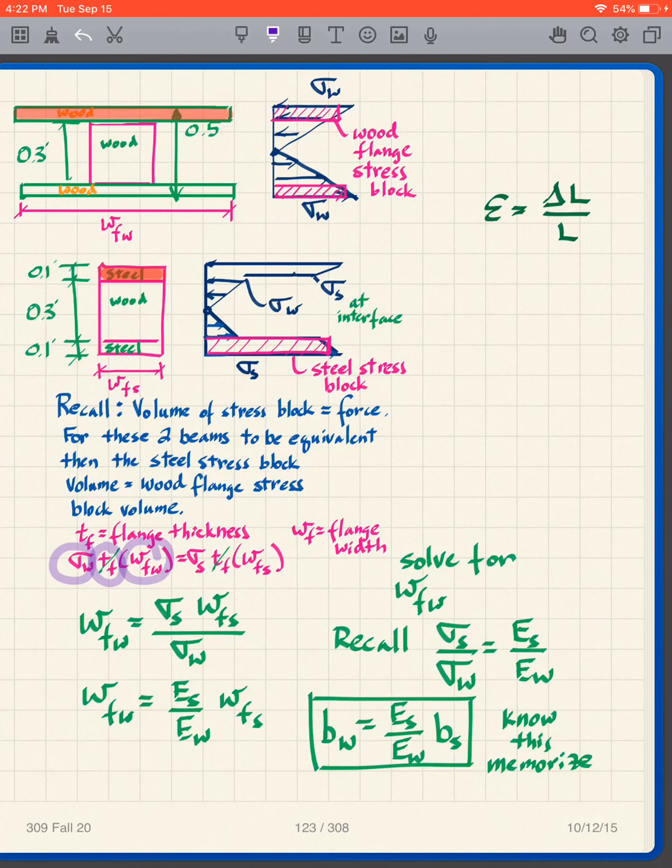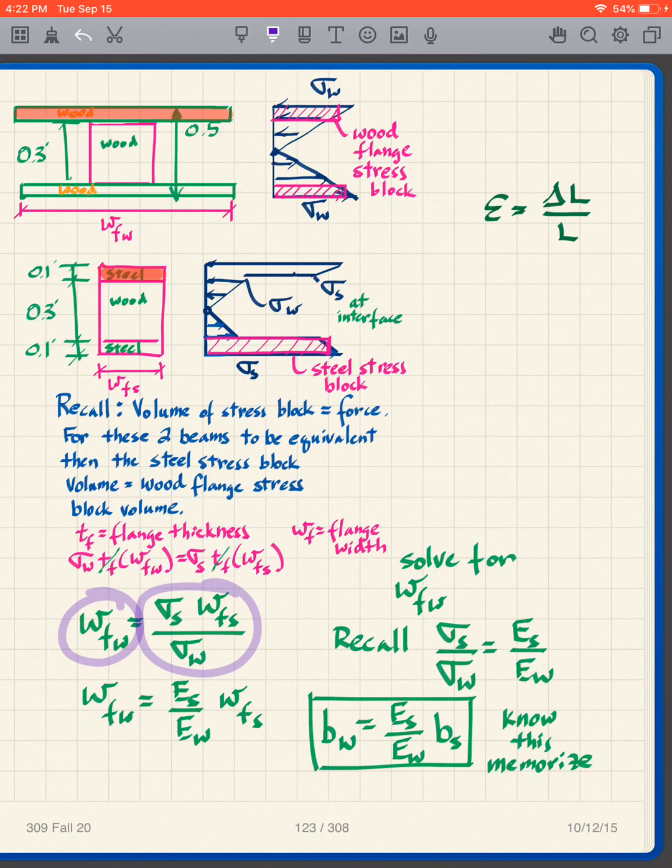That gives me the volume. Sigma times thickness times width gives me the volume for the steel. Those two have got to be the same, meaning the forces are equal. Since the thicknesses are the same, I cross those off. And I can solve this for the width of the flange of the wood.